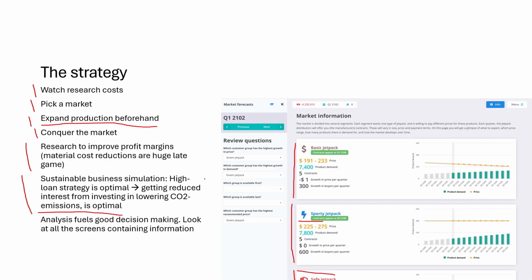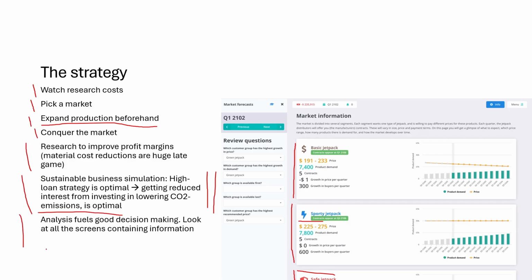There's usually some gimmick where you get lower interest on your loans if you make decisions that lower your CO2 emissions. So sustainability is usually also a criteria that you get graded upon to see who the winner of the competition is at the end of these simulations. So investing into using the more sustainable options is usually worthwhile either way.